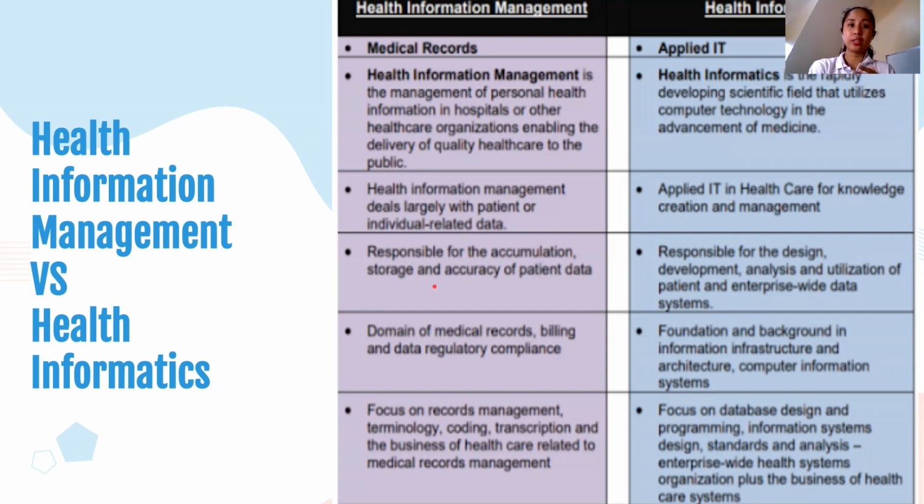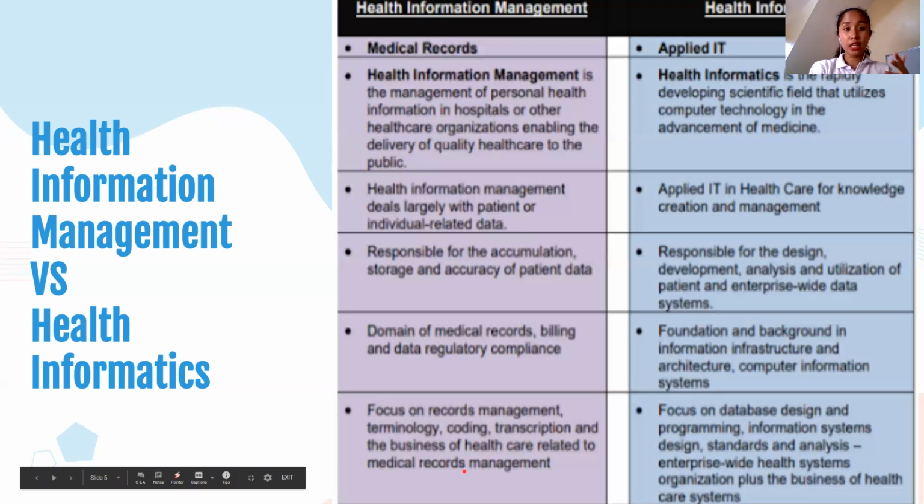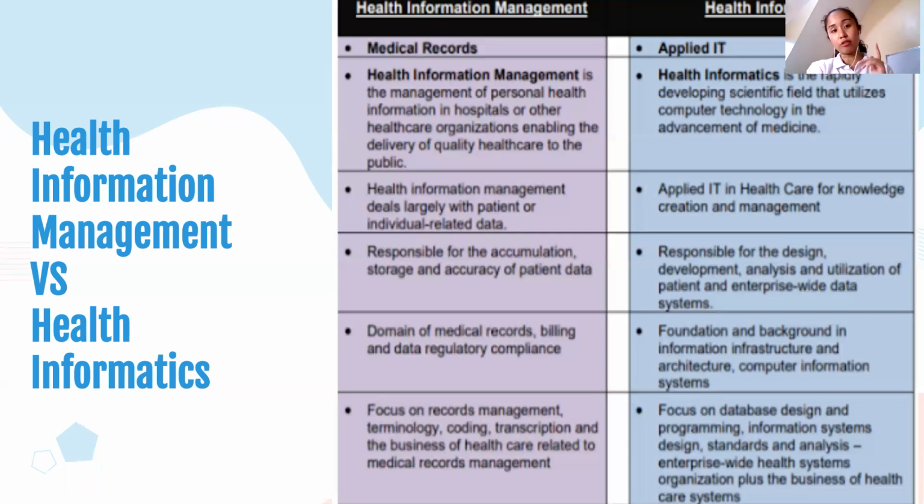So it's very simple. It's about medical records, billing, and data regulatory compliance, making sure that the data of your patients are private and secured. It focuses on records management, terminology coding, and transcription. It's under your health informatics. Simple, right, class?